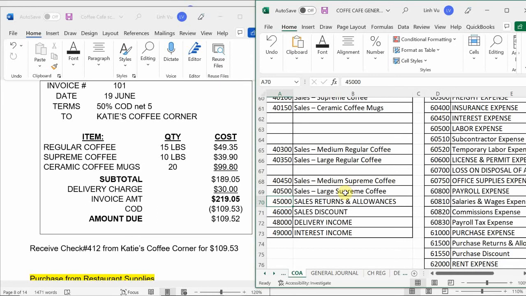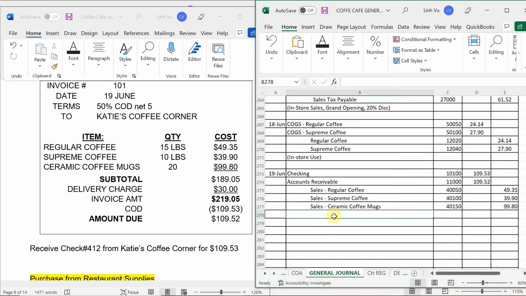We're generating money off of selling things to our customers. So 48,000 delivery income. How much did we charge her for delivery? $30.